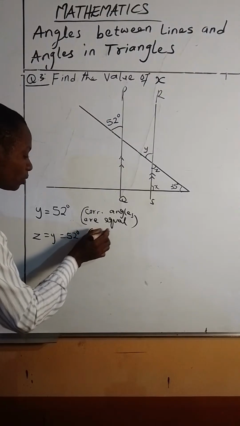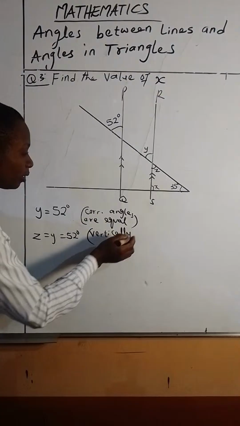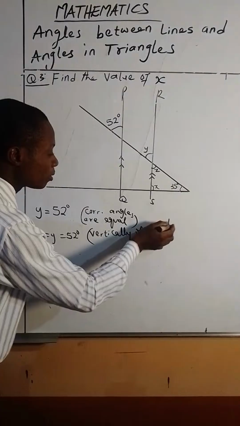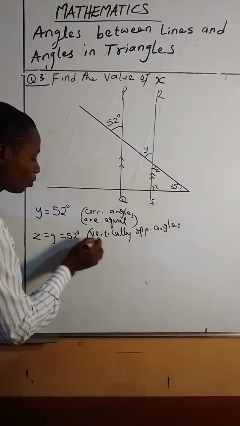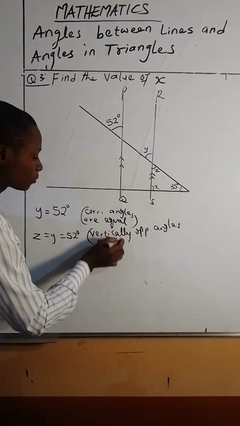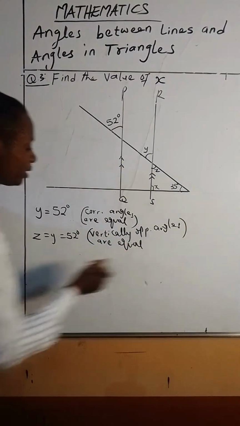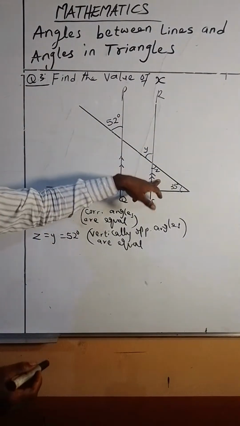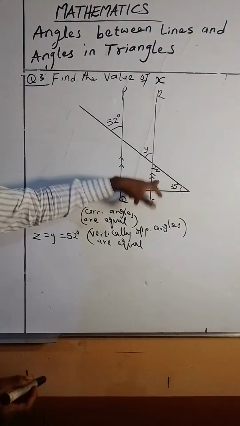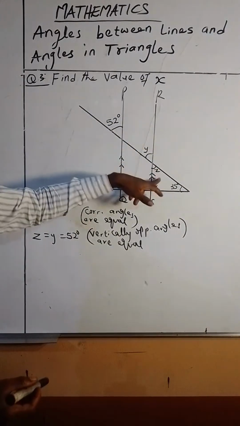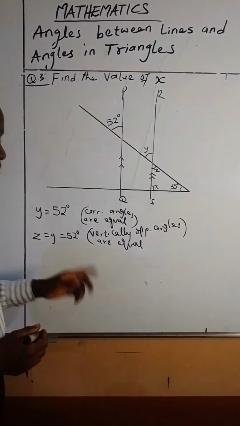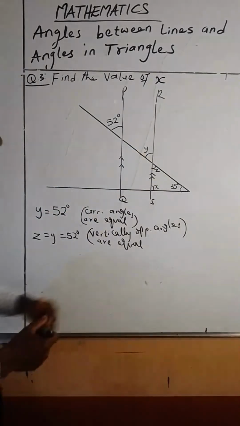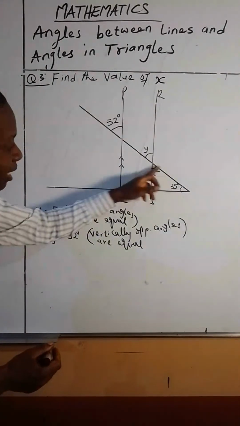Vertically opposite angles are equal. You can see that they are directly opposite to each other, facing each other. So Z is equal to Y, since they are vertically opposite. Now from here we can find our X.